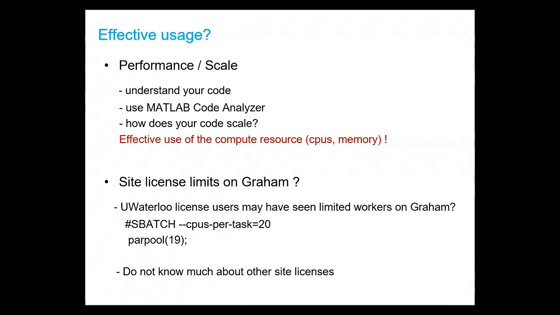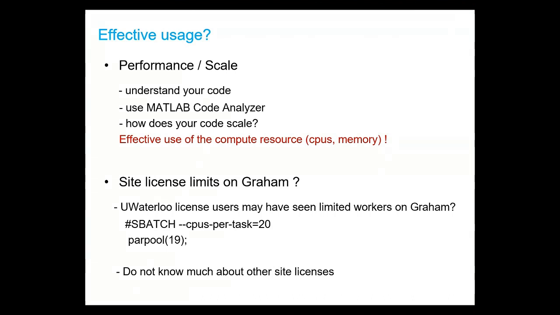And again, this is my observation. Because the site licenses are not unlimited. They are limited. So maybe some campuses only have, say, 10 or 20 or 30 PCT licenses. In the UW case, they used to have only 20 licenses for the PCT toolbox.